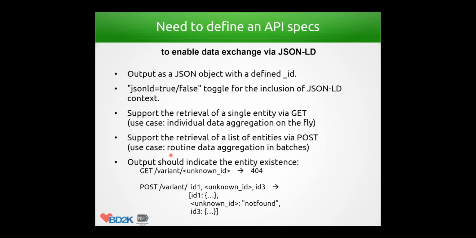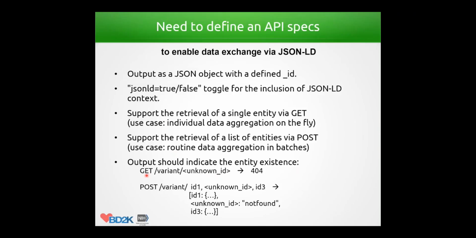Another one is that output should indicate entity existence. For example, if I give an ID, I want to know whether this actually exists in your database. Ideally, if we get back a 404, then we know, okay, this does not exist for you.